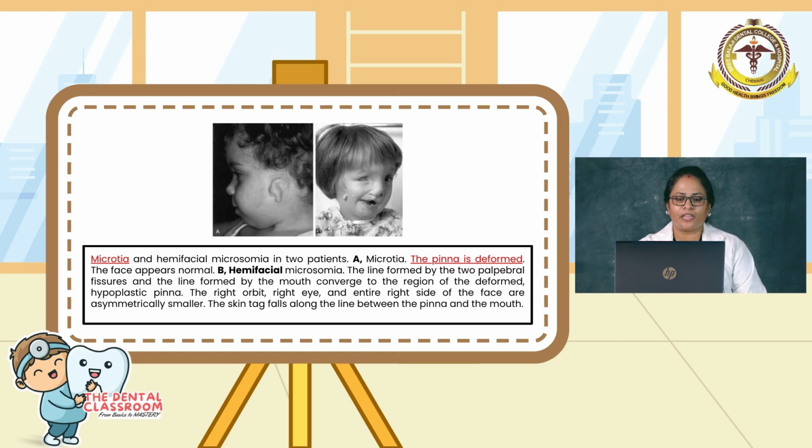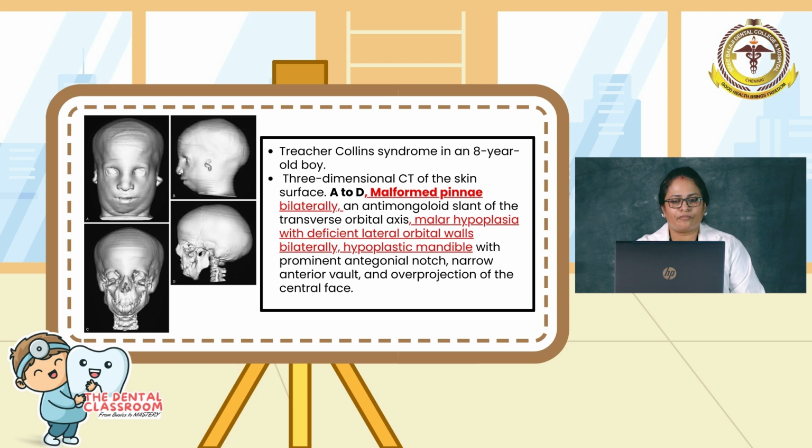In image B, you can see a case of hemifacial microsomia. Here the entire right side of the face is smaller, including the orbit, eye and the jaw. The pinna is also underdeveloped, and the facial lines formed by the eyes and the mouth converge towards the deformed ear.